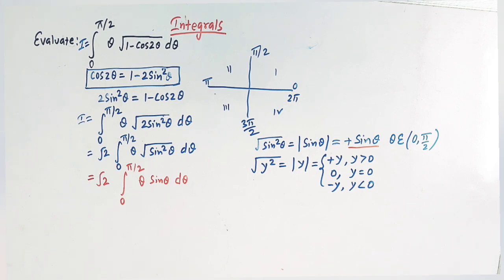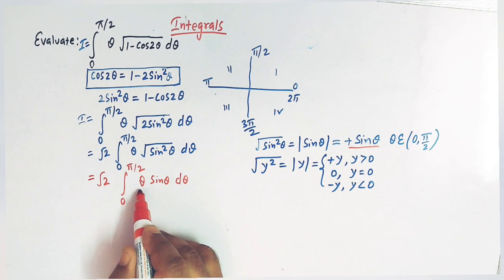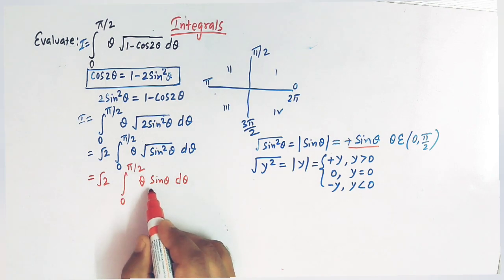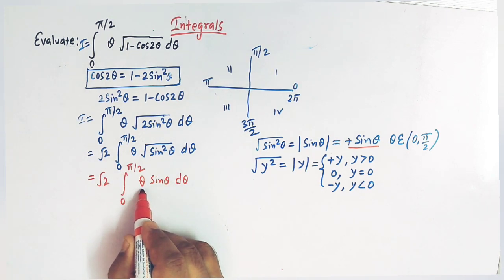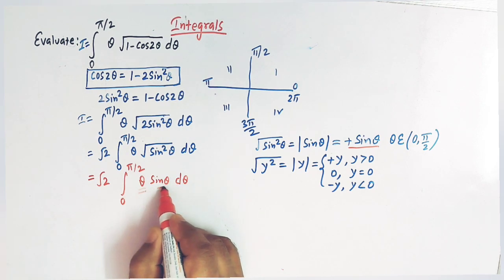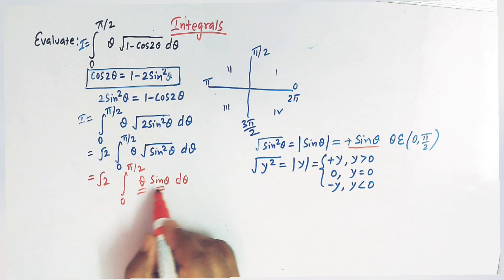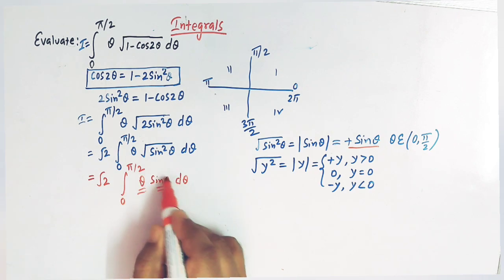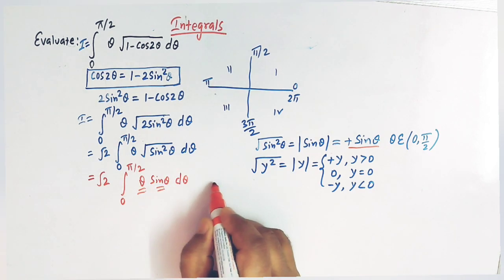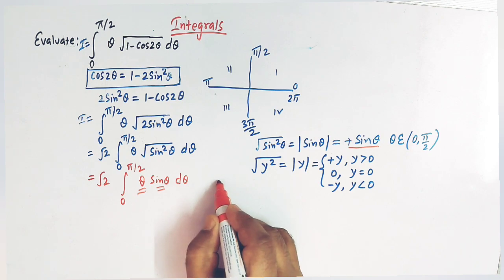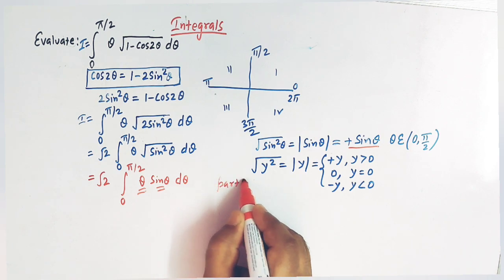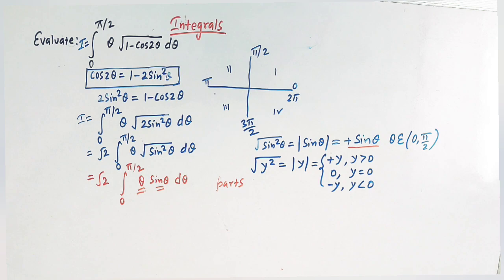functions are positive, right? Okay, so now here we have an integral in which the integrand is the product of two functions, right? Here we have theta and here we have sine theta. So to integrate this function, let us use the method of integration by parts, right?